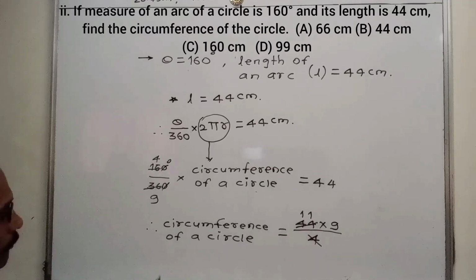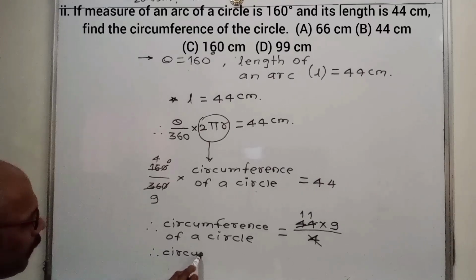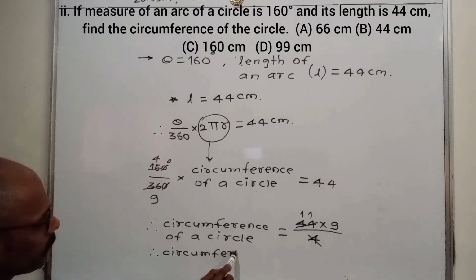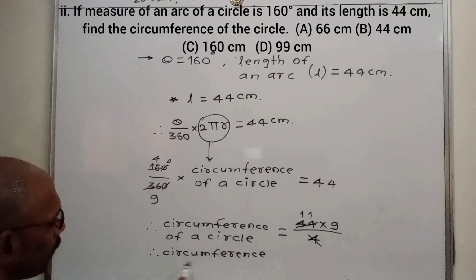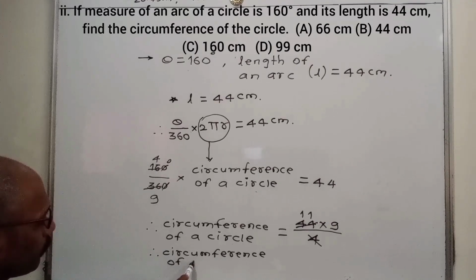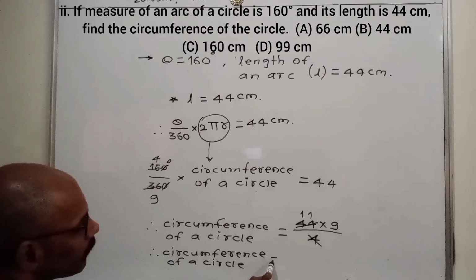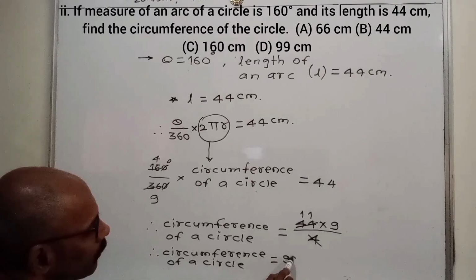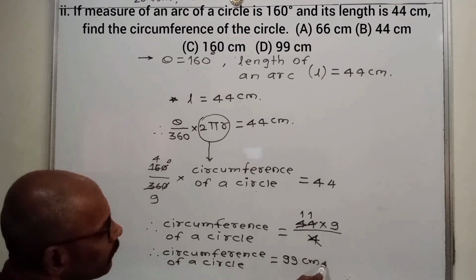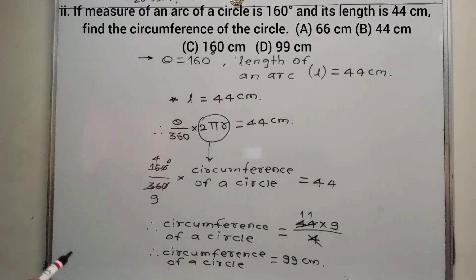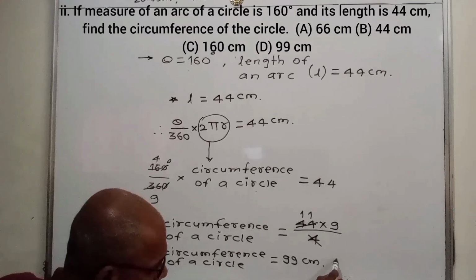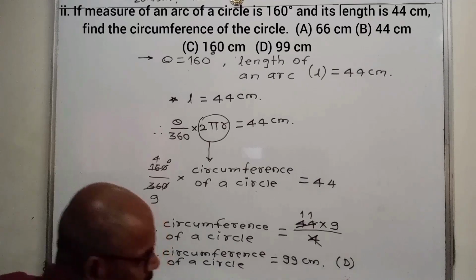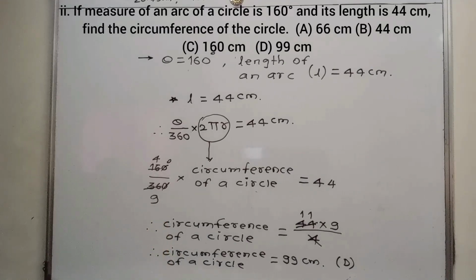Did you get it? Therefore circumference of a circle is equal to 99 centimeter. This is your option D. Did you get it?